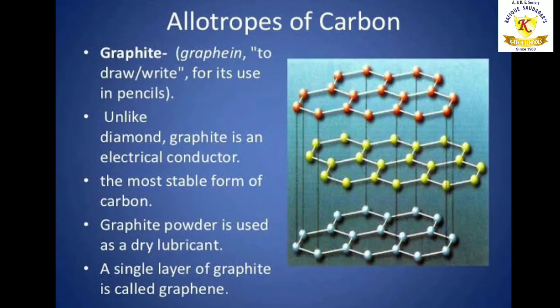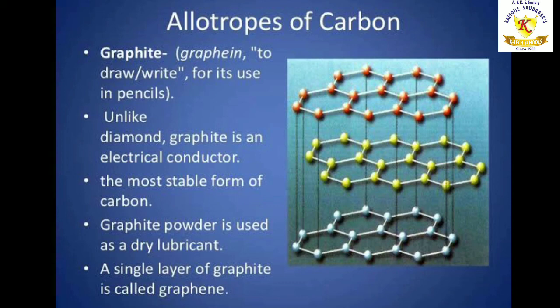Next allotrope of carbon is graphite. Graphite, graphene, to draw or write, for its use in pencil. Unlike diamond, graphite is an electrical conductor, the most stable form of carbon.